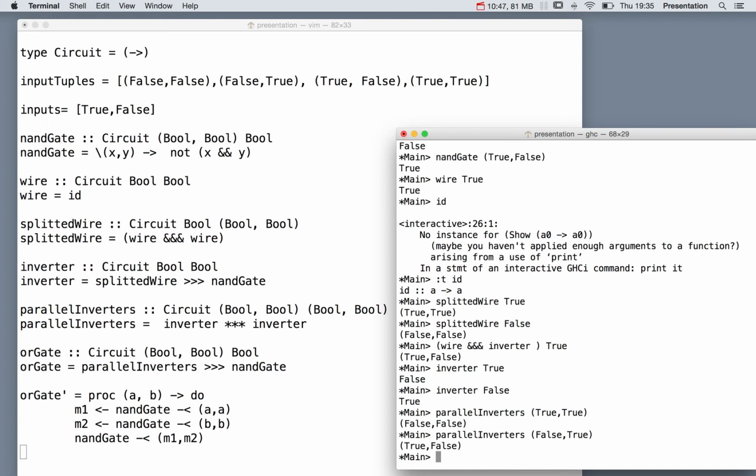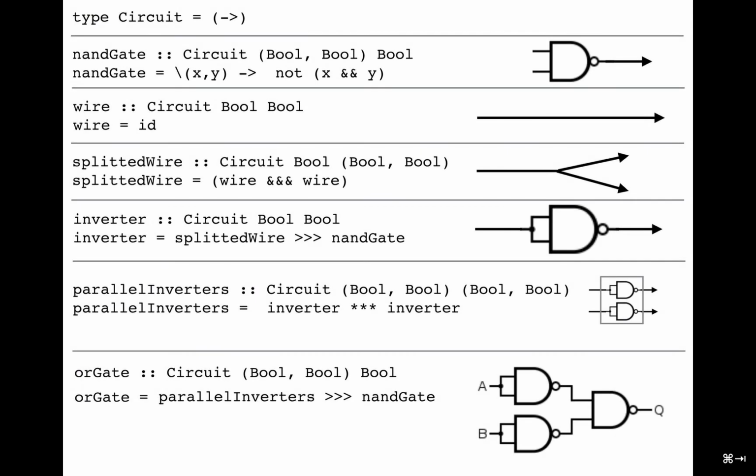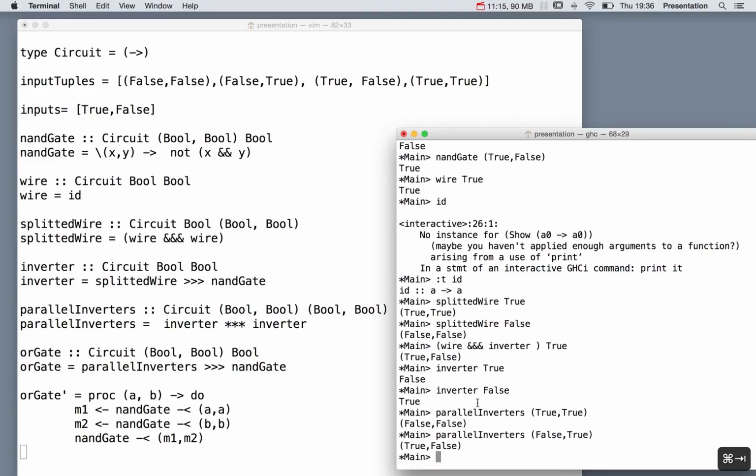And we can have this OR gate by composing this parallel inverter with the negative AND gate, because the parallel inverter outputs two booleans and the negative AND gate takes two booleans as inputs and outputs a single boolean. So let's see if that is gonna give us the needed OR gate.